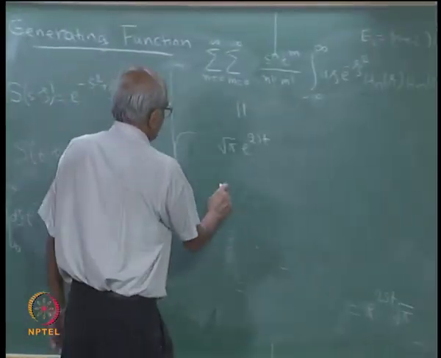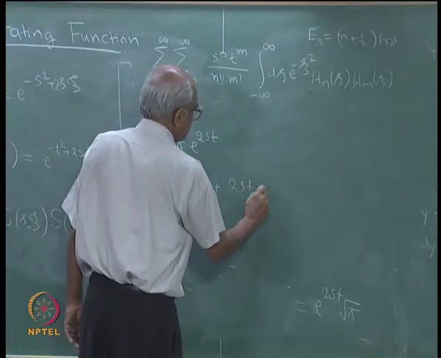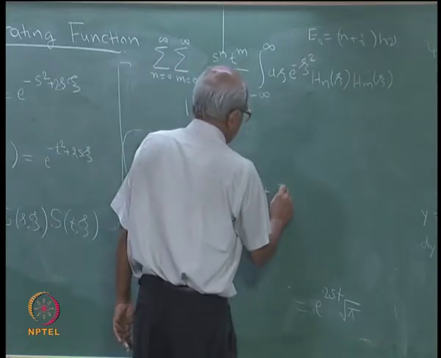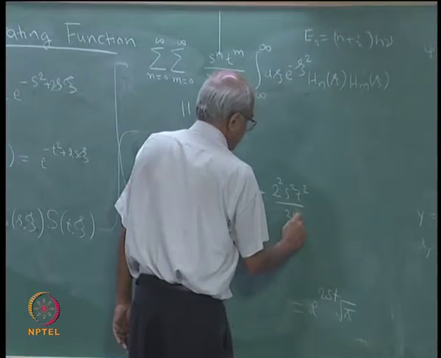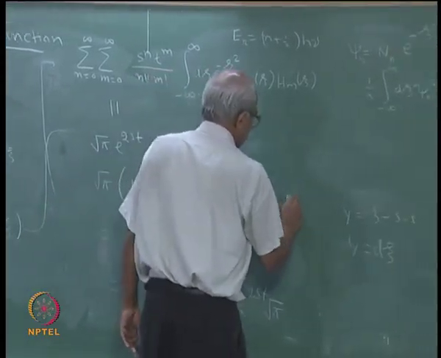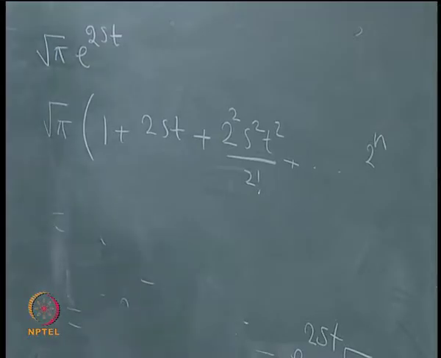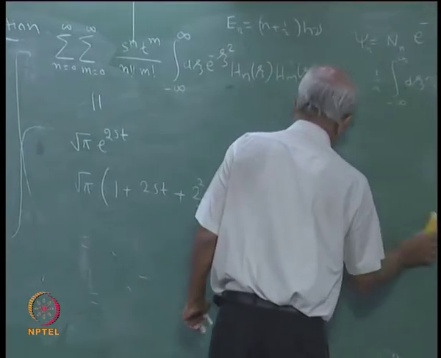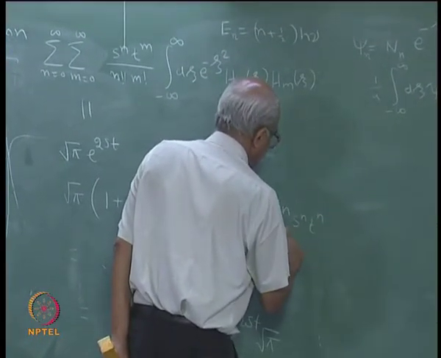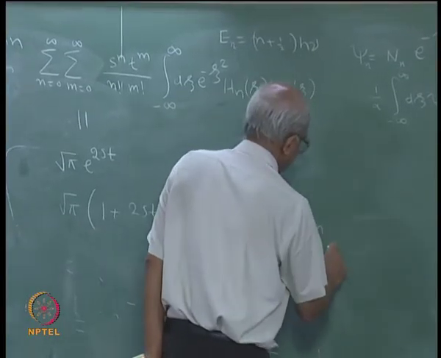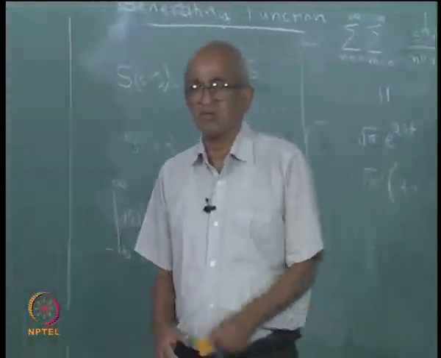So, I will get root pi times 1 plus 2st plus 2 square s square t square divided by 2 factorial plus, in general, 2 to the power of n s to the power of n t to the power of n divided by n factorial. This is the series.